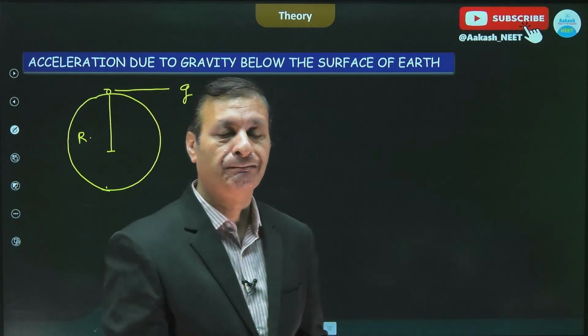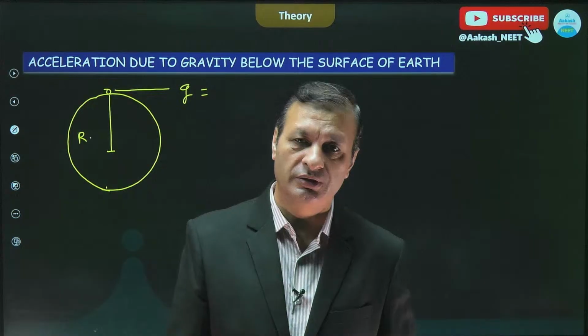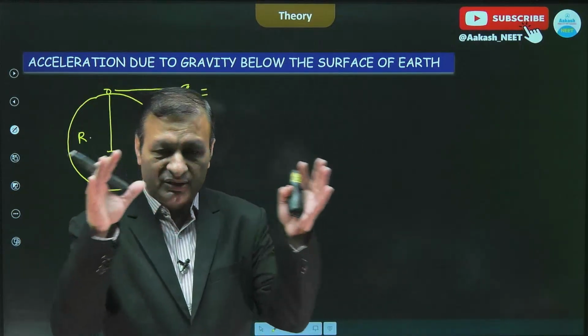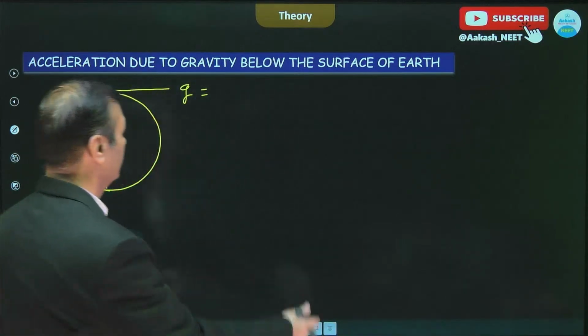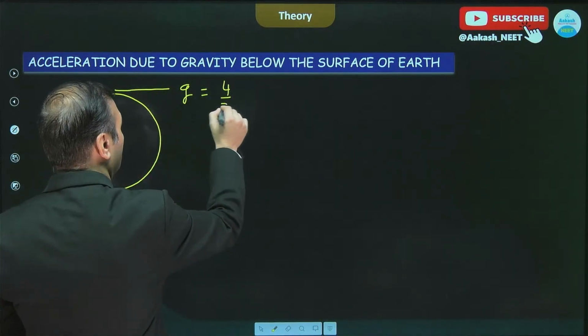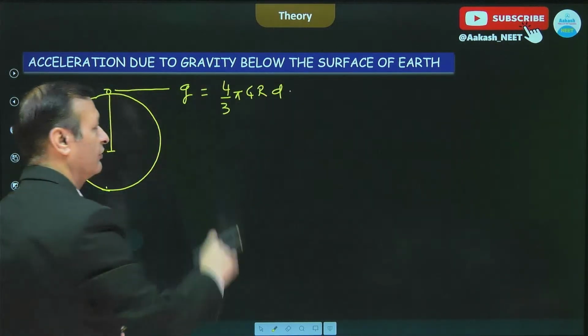Again I continue with my assumption that your Earth is a sphere of uniform density, and in that situation this g is given by this formula.